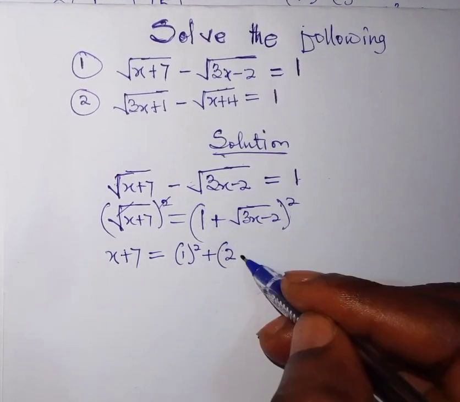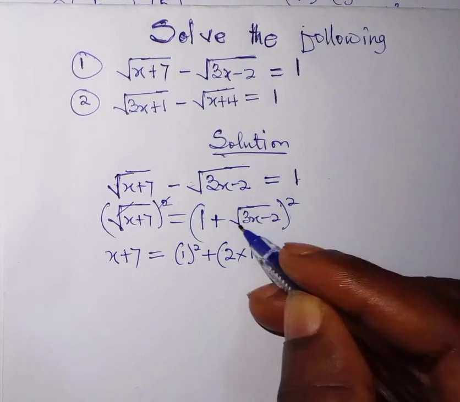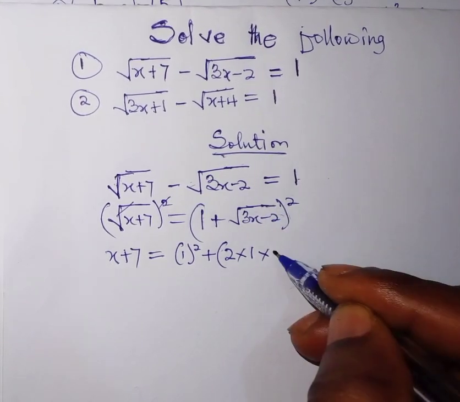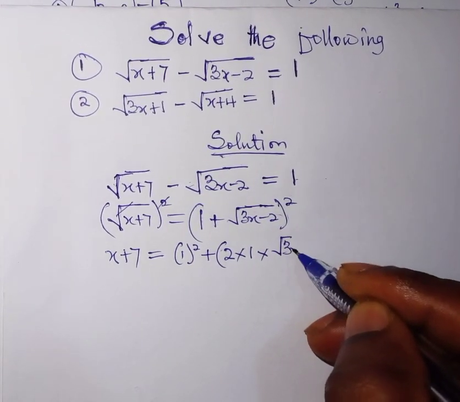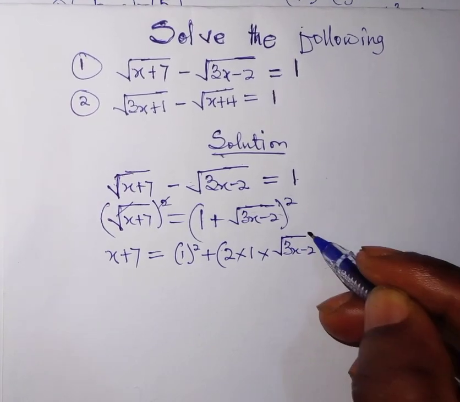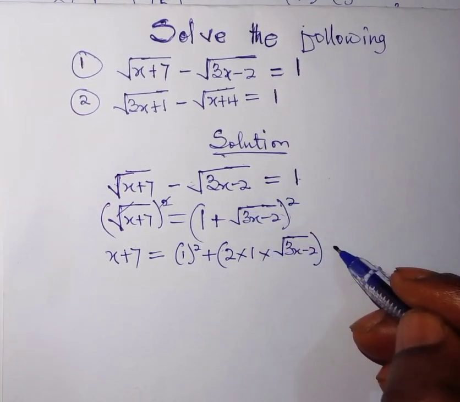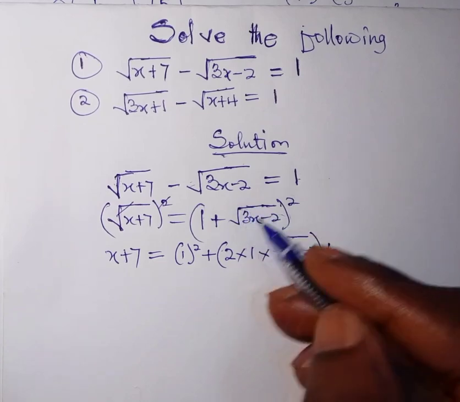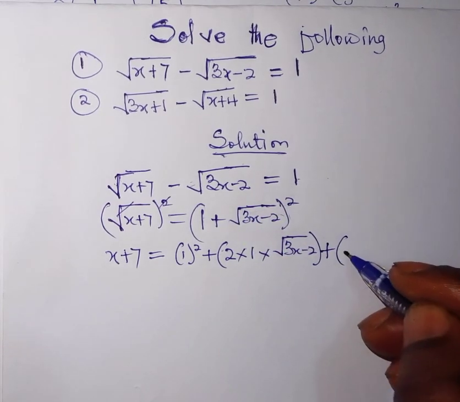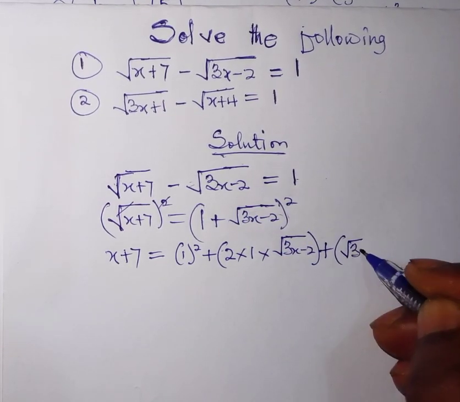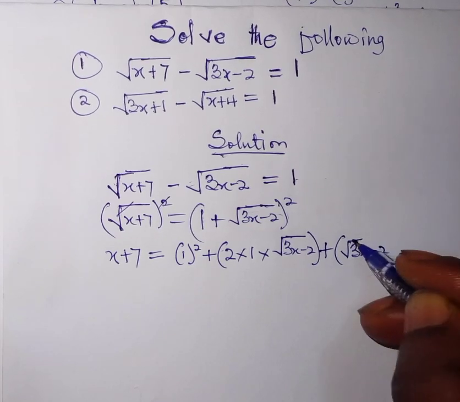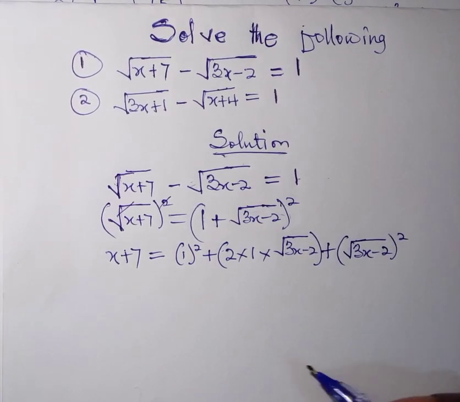So 2 times 1 times the whole of 3x minus 2. And then after that, you square the last term. Have you gotten that?